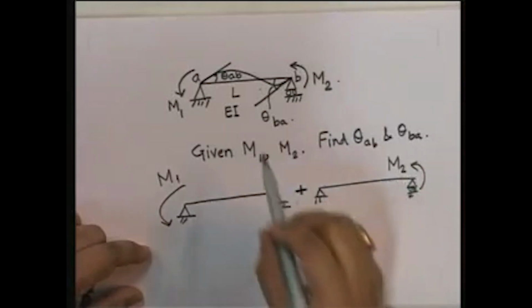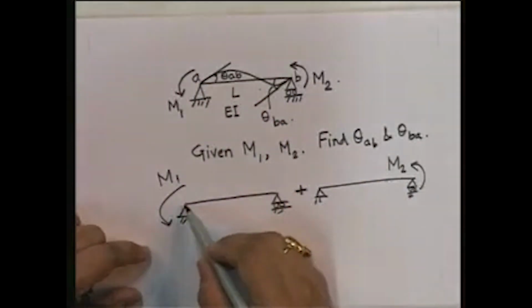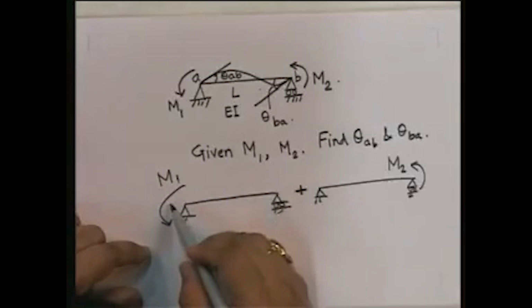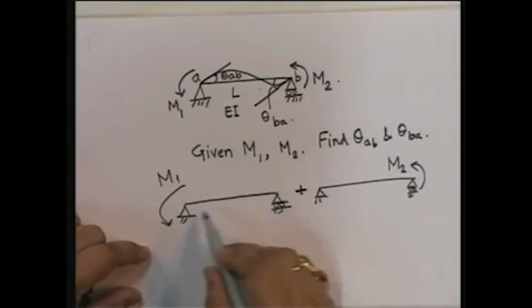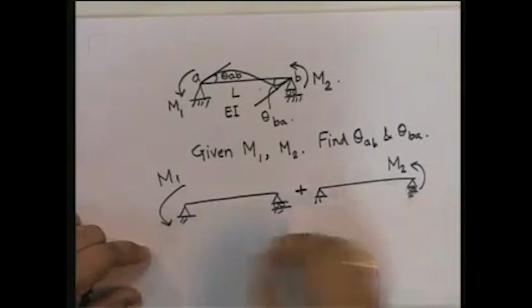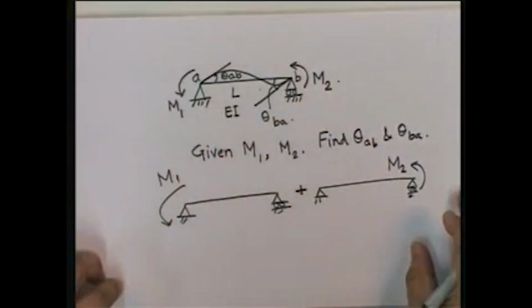So, what would be the theta AB due to these two applications? I can find out theta AB and theta BA due to this, and I can find out theta AB and theta BA due to this, and if I add the theta ABs, then I will get these theta ABs. Okay? So therefore, the question here is very, very simple.